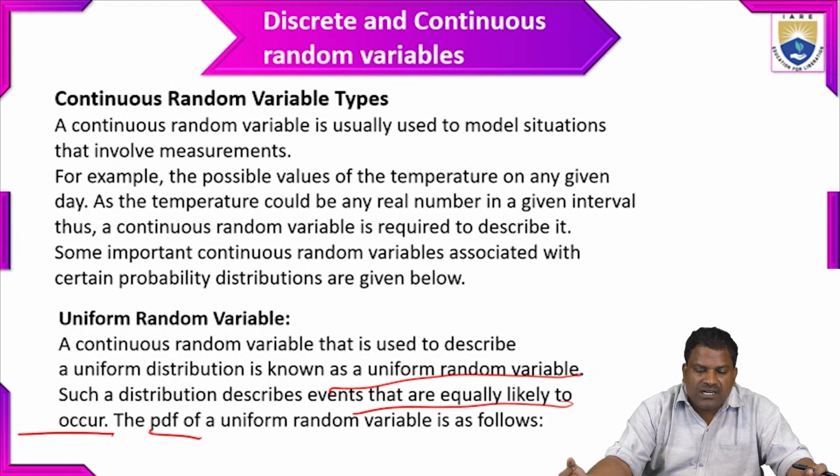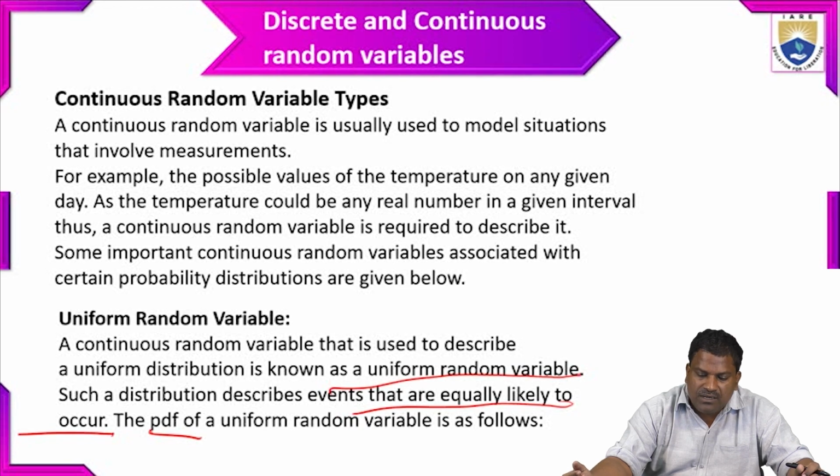Thus, a continuous random variable is required to describe it. Some important continuous random variables are associated with certain probability distributions, and all these things we can discuss like this.